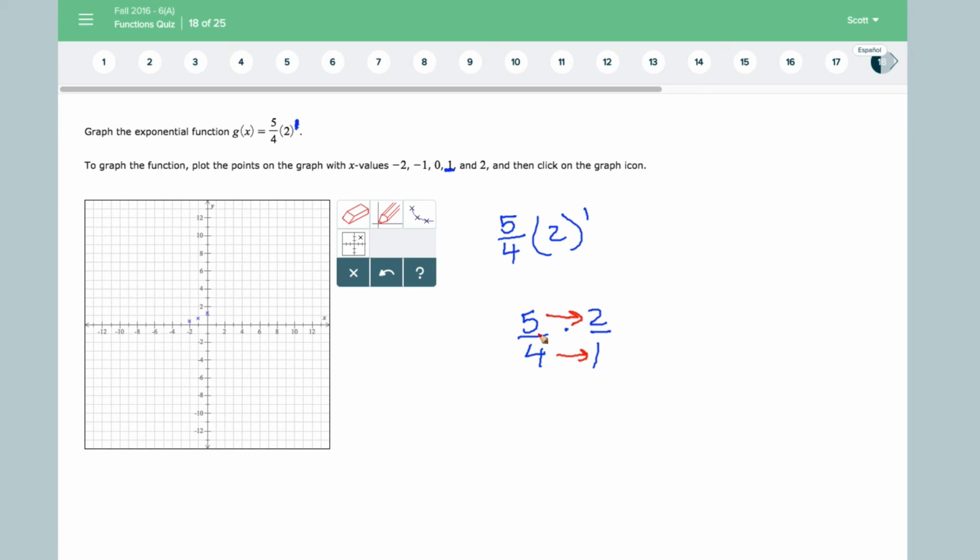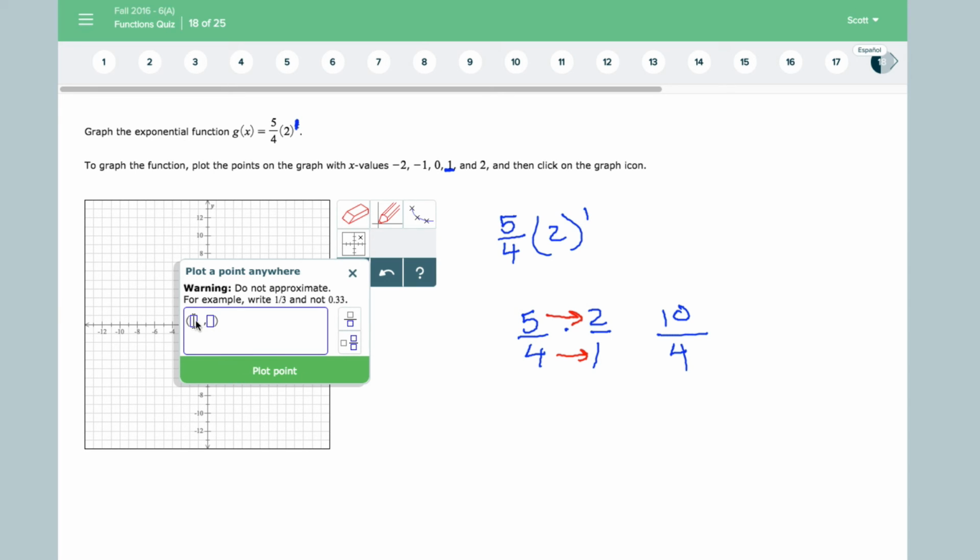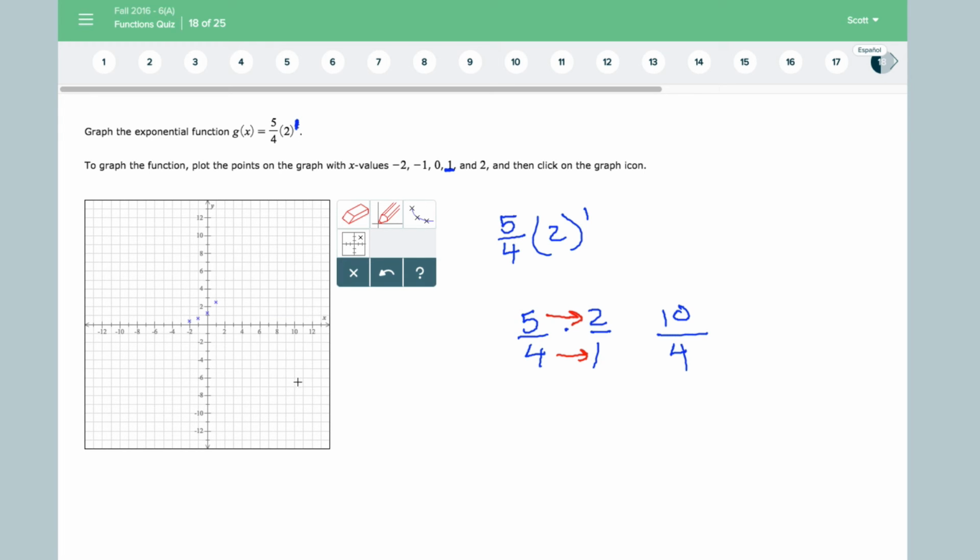And you can definitely use a calculator for this if you need to. What's 5 times 2? 5 times 2 is 10. 4 times 1 is 4. So there's our fraction. So when I plug in a 1, I get 10 over 4. I'm going to plot that point.